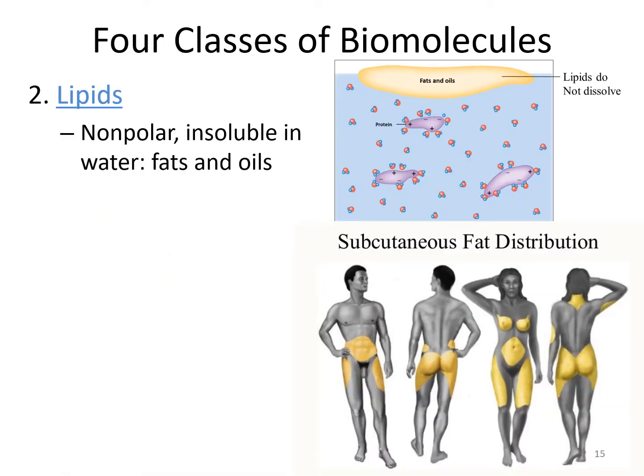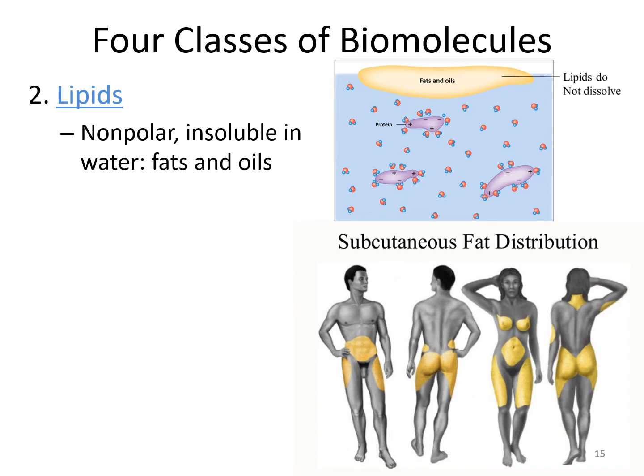The next class of biomolecules are the lipids. These differ from the carbohydrates in that the lipids are nonpolar. Carbs are polar, they are hydrophilic, they can easily dissolve in water. Your Kool-Aid dissolves in water. Lipids, on the other hand, do not.